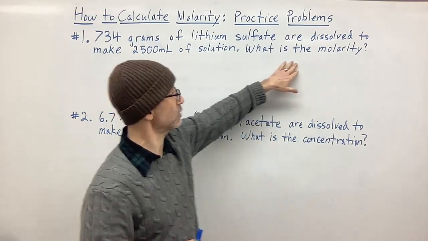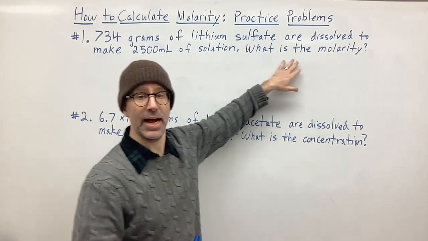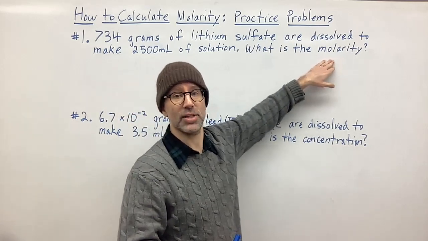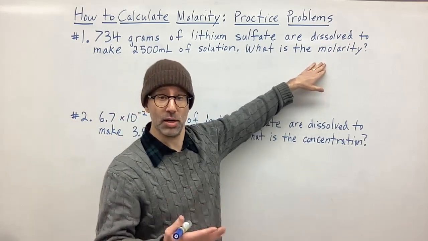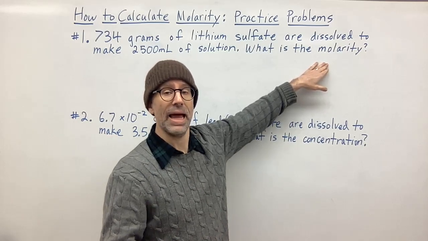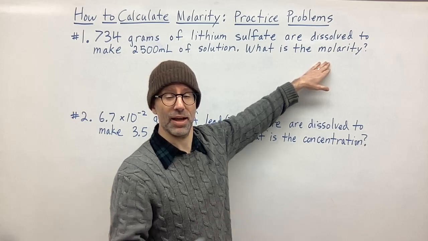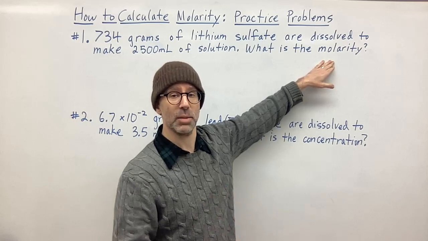Again, they could ask us for molality, they could ask us for the percent by mass, they could ask us for the mole fraction, for example, right? So in those cases, we need to know what the definition of those concentrations are, and two, look for that information in the problem. Whatever information that we need to find those parts must be in the problem.